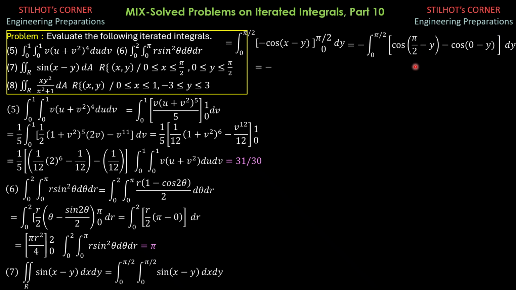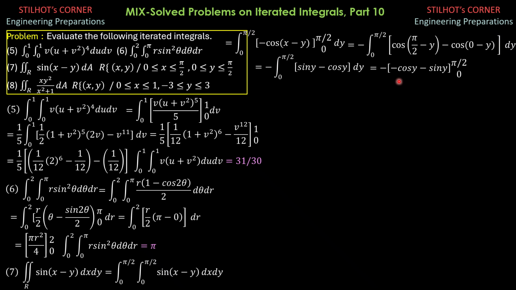So this is negative of the integral 0 to pi over 2 of sine of y, then minus cosine of positive y dy. So finally, this is equal to negative. The integral of sine y dy is negative cosine y, and the integral of minus cosine y is minus sine y. So that would be negative of negative cosine y minus sine y from 0 to pi over 2.